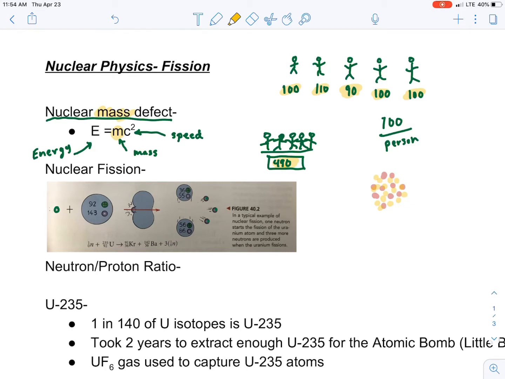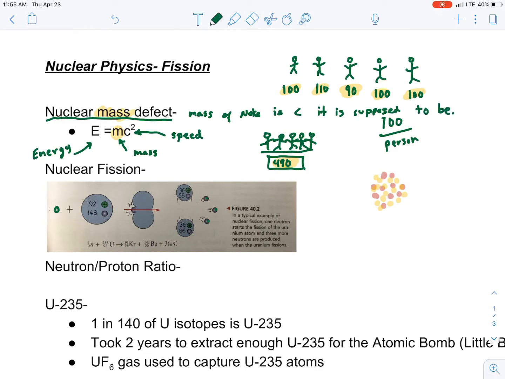Okay, so definition: nuclear mass defect, the mass of the nucleus is less than it is supposed to be. Right?